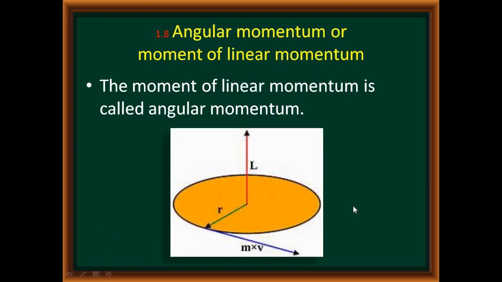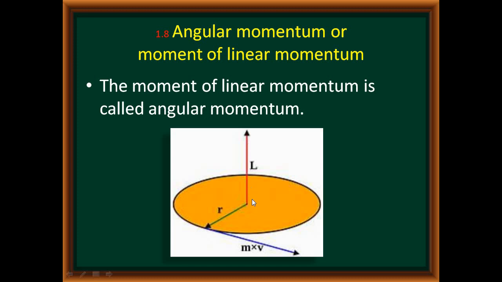Now the second point of the discussion is the angular momentum, or the moment of the linear momentum. We can define simply the angular momentum as the moment of linear momentum. Now in this diagram we can see the linear momentum. There is a disc shaped body which is in the horizontal plane, and it is rotating about the vertical axis which is perpendicular to the plane of the lamina.